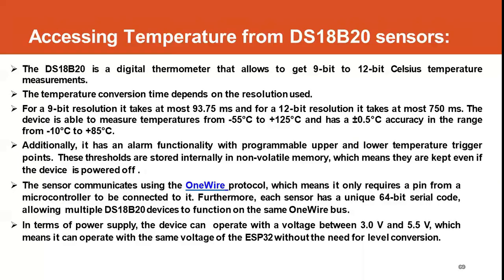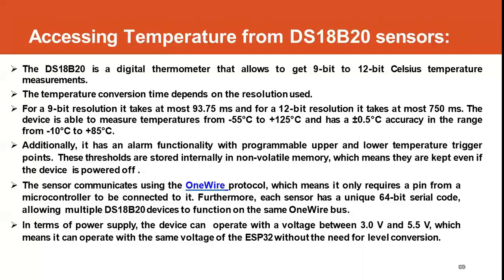So that allows us to get 9-bit or 12-bit Celsius temperature measurements. So these 9-bit or 12-bit determine the resolution. So resolution indicates how a very small temperature value can be recorded.